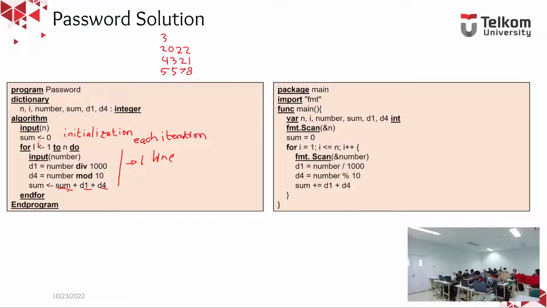Please write down the result of each iteration in your own tool, or type it on your computer. But you have to understand the value of each variable on each iteration. Okay, 5 minutes.